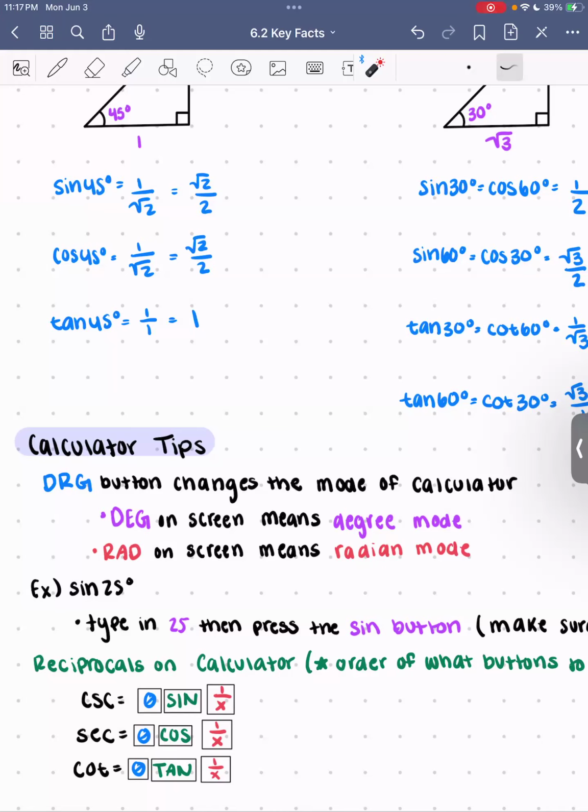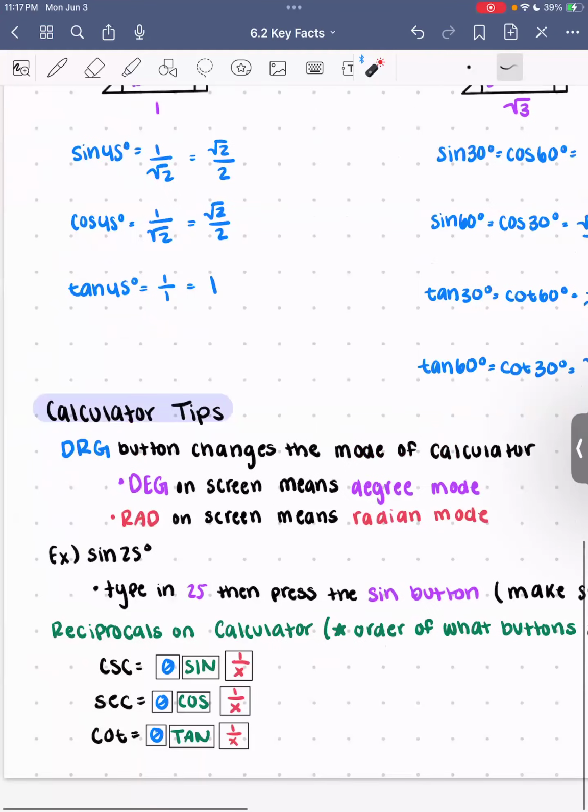If you're doing a question that's in degrees, so they're giving you angles in degrees, you need to make sure it says degree mode on your screen because that's how you know you can solve it correctly. Same thing if your question is in radian mode, which, remember, is like our pies, then it needs to say rad on your screen.